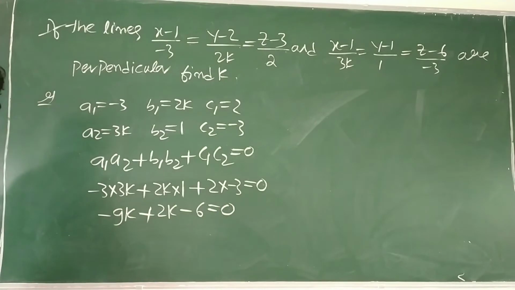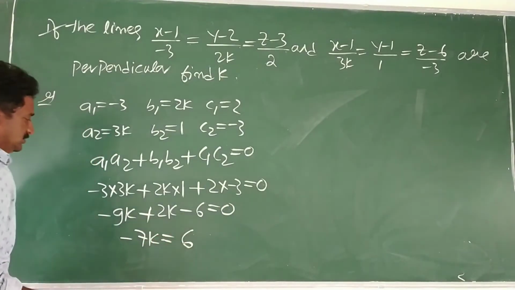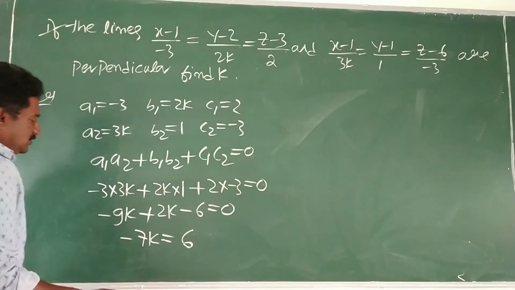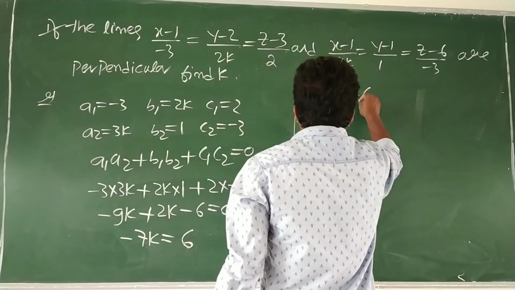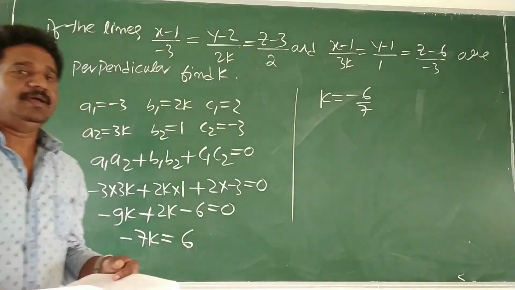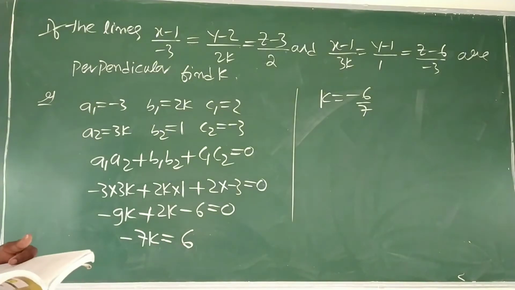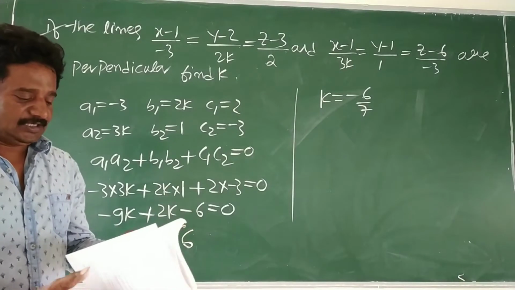Minus 9k plus 2k is minus 7k, so minus 7k is equal to 6. k is equal to minus 6 by 7. We got the k value. How much is k? Minus 6 by 7. Let us go for solving one more question, friends.